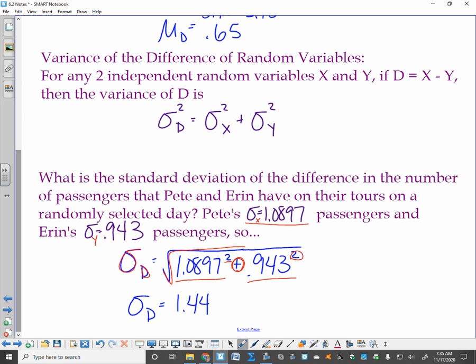So sigma sub d and sigma sub t for total should be the exact same. So addition and subtraction do not change for standard deviation. It does for means, but it does not change for standard deviation. Sigma does not change to subtraction.